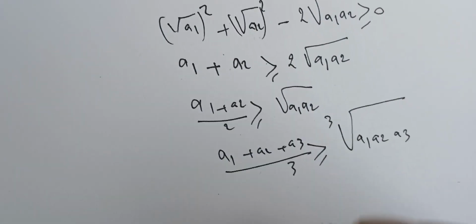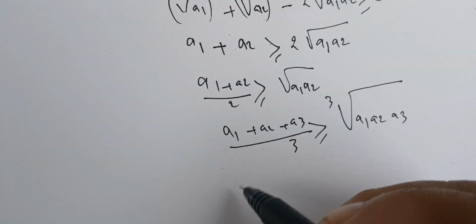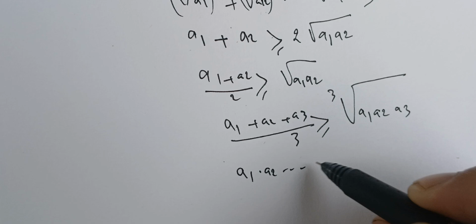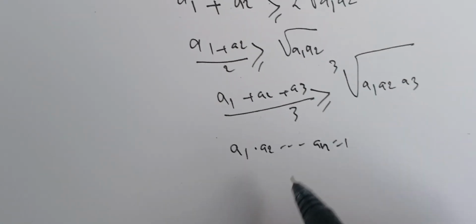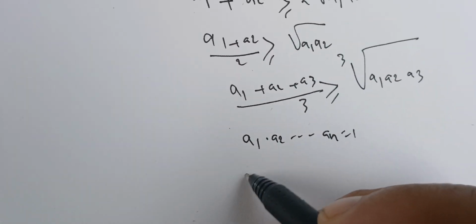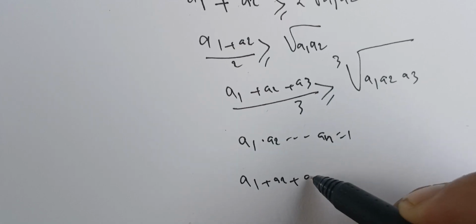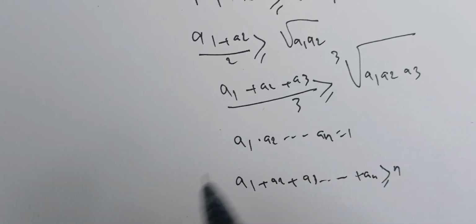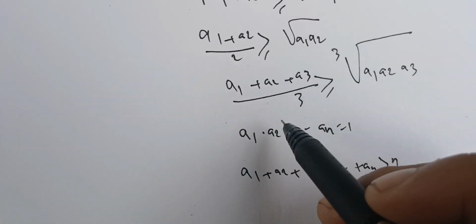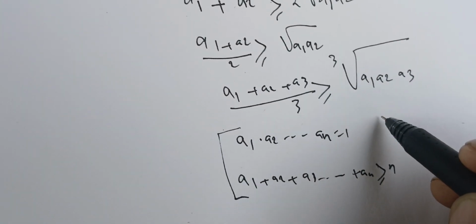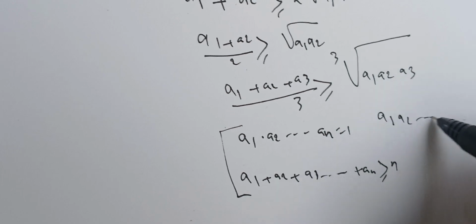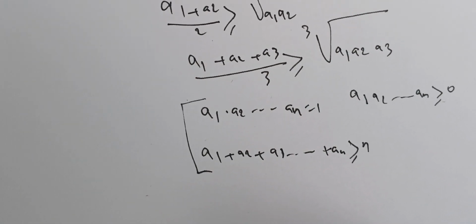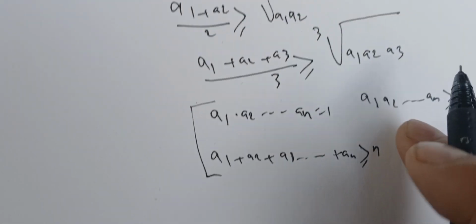For instance, given that A1 times A2 times ... times AN is 1, suppose we are asked to prove that A1 plus A2 plus A3 plus ... plus AN is bigger than N. How can we proceed? We make the assumption that A1, A2, and AN are greater or equal than 0.